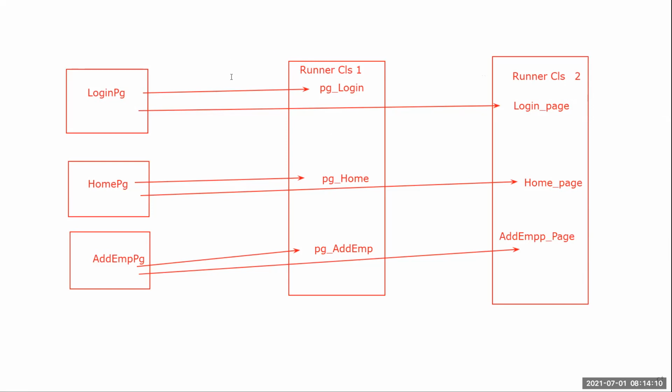So when a third person enters, for suppose this class is created by me and this class is created by Anji. When Bobby comes into this team and she wants to execute a few test cases and she has some issues she wants to debug, while going through the code, she will see, okay, somewhere we are using pg_login, and in some of the classes we are using login_page.